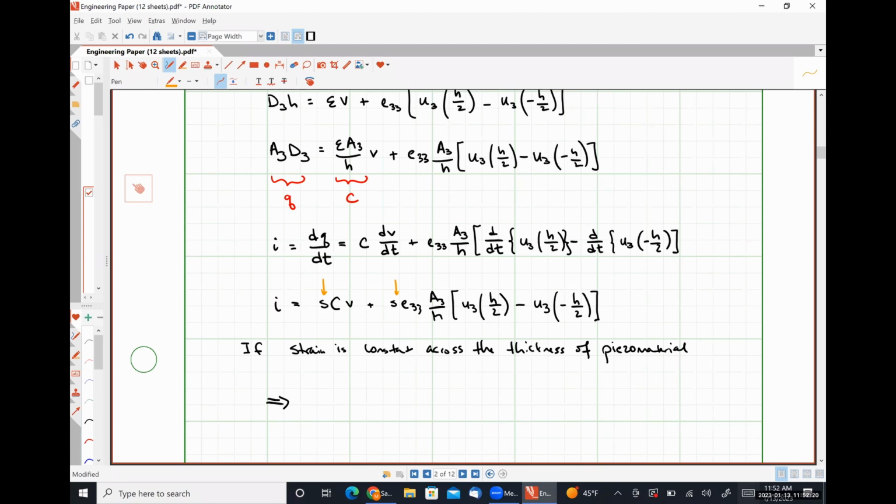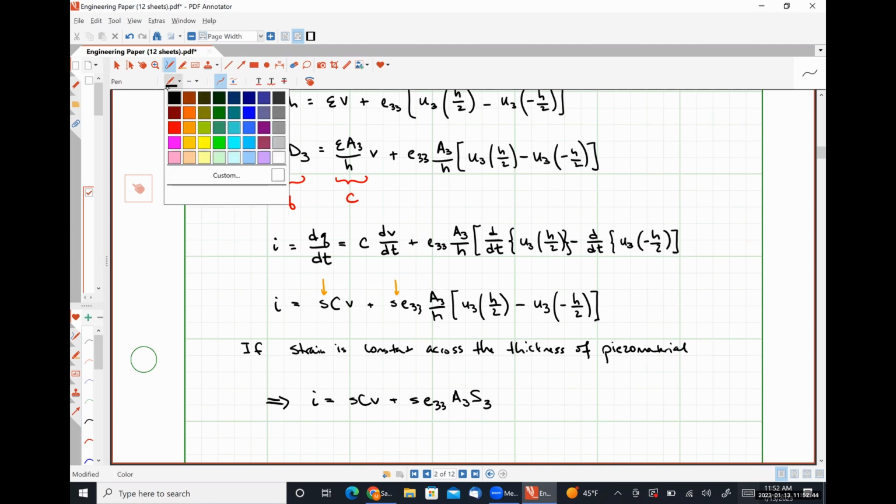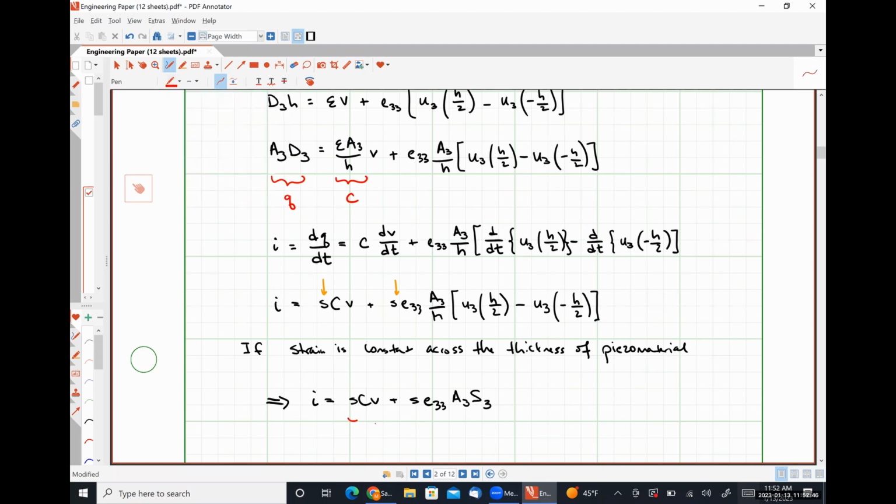But anyway, if the strain is constant across the thickness of the piezo material, then we get the relationship I is equal to SCV plus S E33 A3 capital S3. We're going to call this part the simple AC current due to the presence of the capacitance.